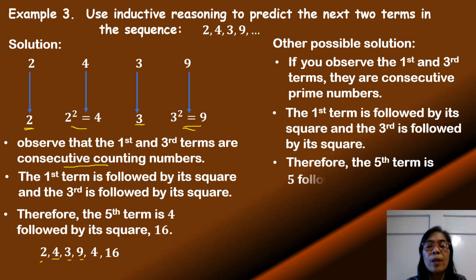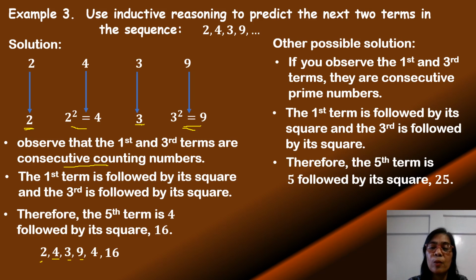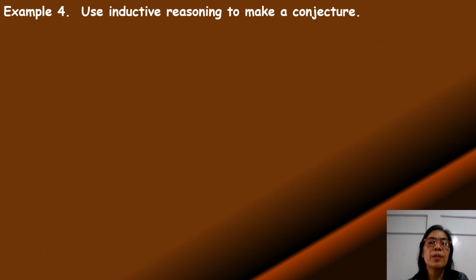So the fifth term will be 5, and it is followed by its square, which is 25. And the sequence could have been 2, 4, 3, 9: 2 followed by its square, 4, 3 followed by its square, 9. Considering 2 and 3 as consecutive prime numbers, the next prime number will be 5, and it is followed by its square.